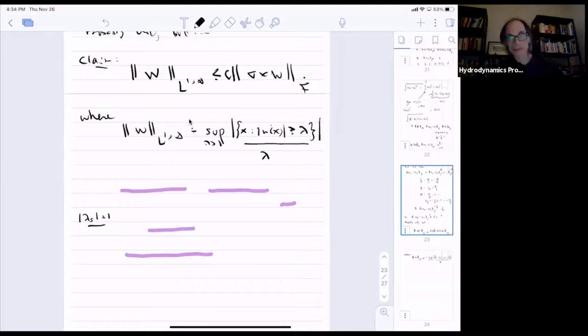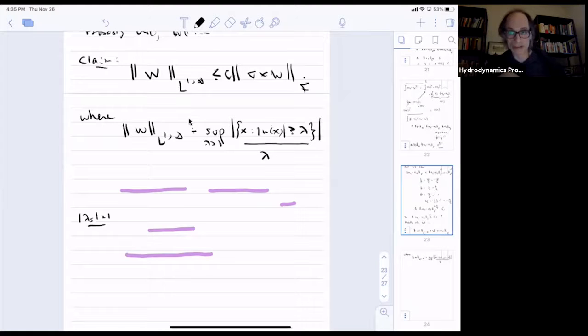And so if I have an L1 function, and the L1 norm is bounded by K, then by Chebyshev's inequality, the measure of the set of points where that function is bigger than lambda is at most K over lambda. So if a function is in L1, it certainly has the property that this ratio is bounded.